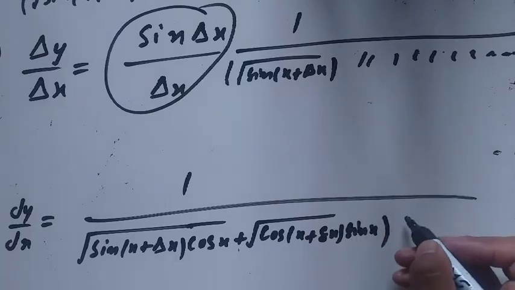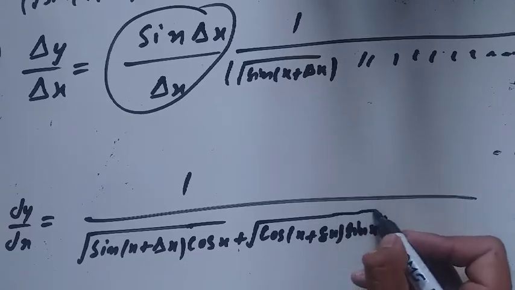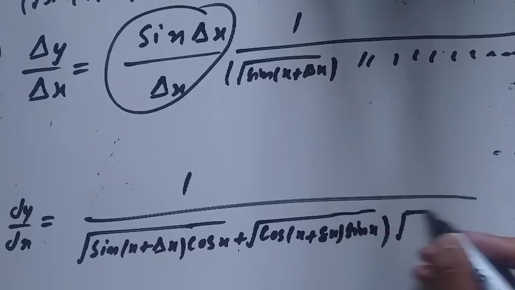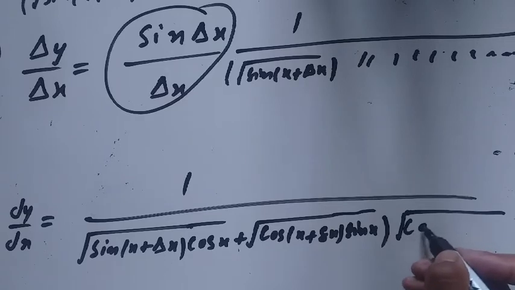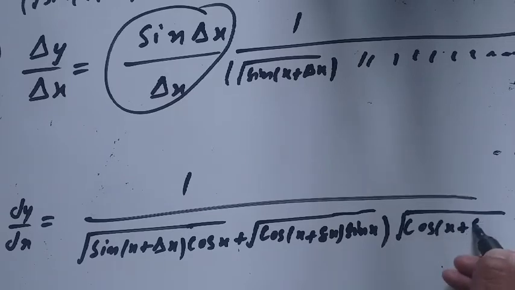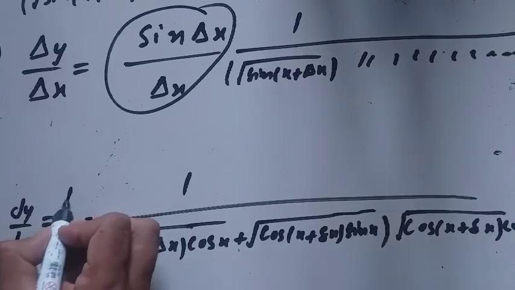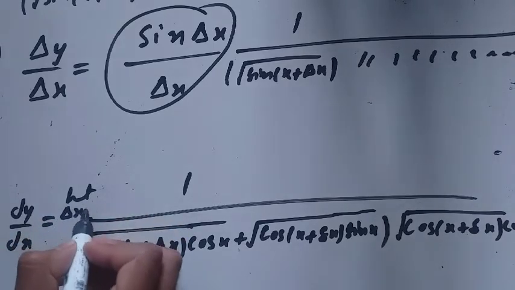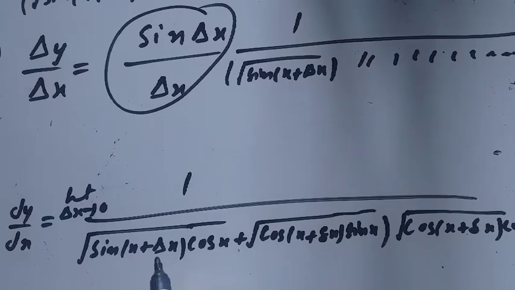All right, and our under root of cos of x plus delta x cos of x. And when I approach a limit delta x to 0, you'll find this gets neglected. All right, and also this gets neglected, and here also this gets neglected.